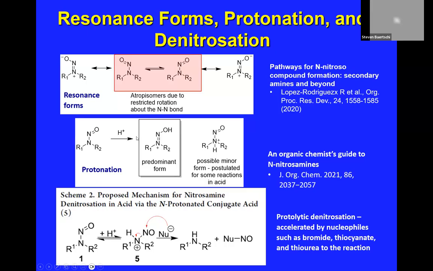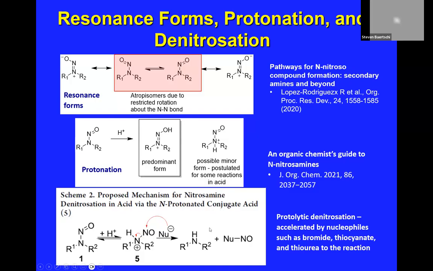When you protonate an N-nitroso compound, it tends to protonate predominantly on the oxygen, presumably due to this resonance form, where the electrons seem to reside. So adding an H plus there is logical. But there is a minor amount of protonation on the nitrogen attached to the nitroso. This is implicated in some reactions in acid, typically in strong acid.